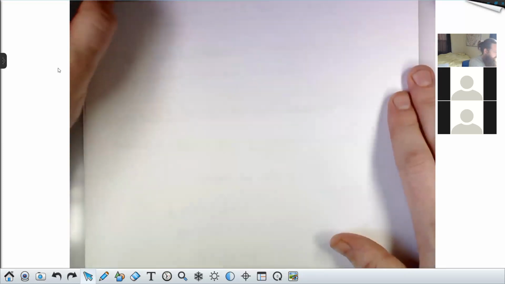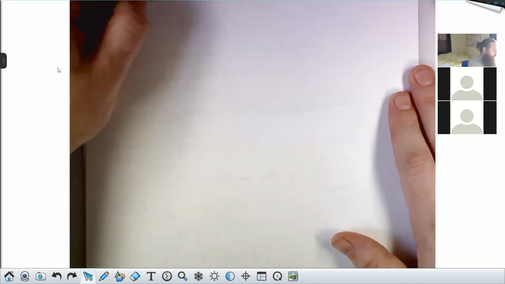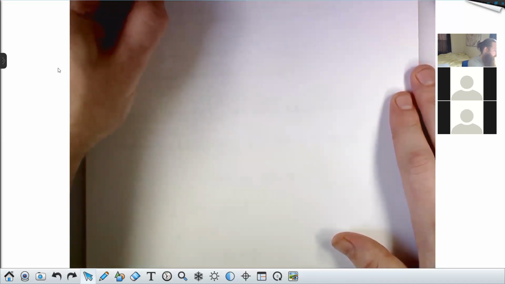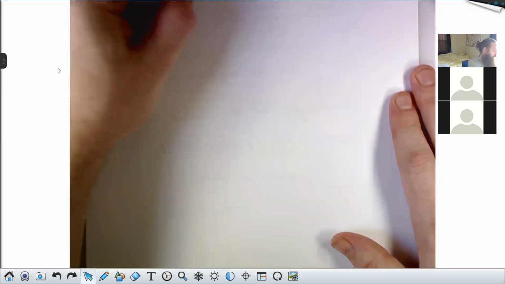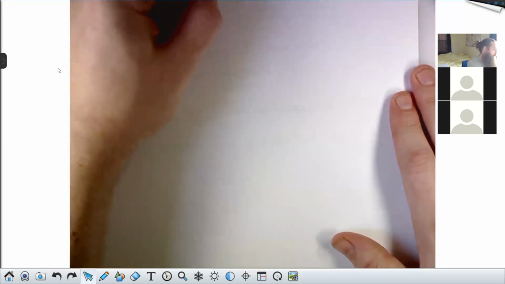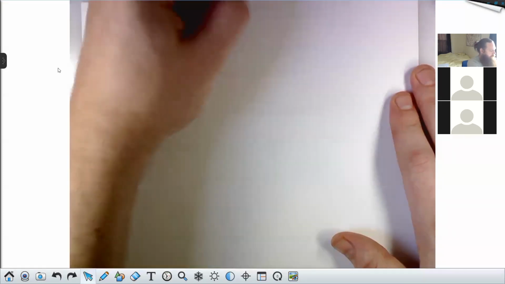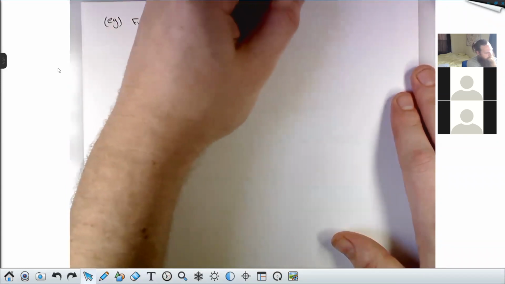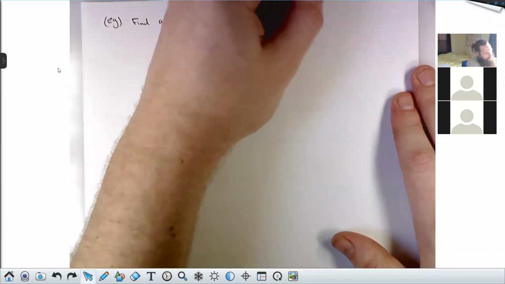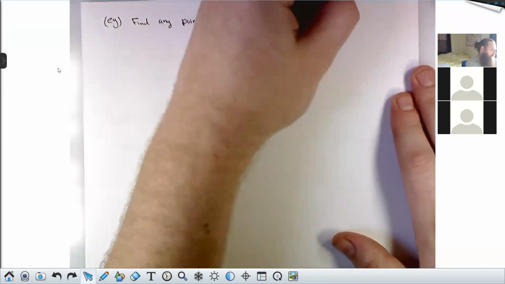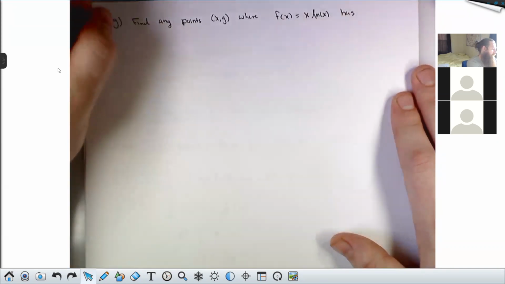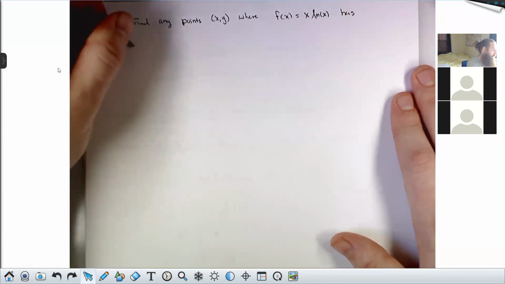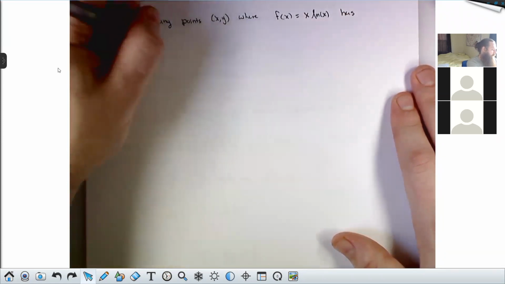So another fun thing to do is to find the location of any horizontal tangent lines. So let's find any points x comma y where the function f of x equals x ln x has horizontal tangents.